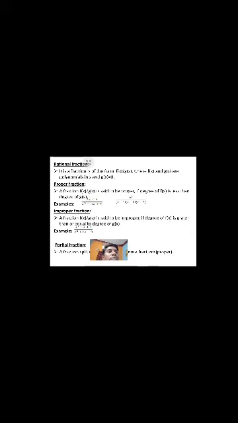For example, 2x plus 3 by x square minus 5x plus 6. Here the numerator's degree is 1 and the denominator's degree is 2. If it is reverse, then we say it is an improper fraction. Or if equal degrees are there, then also it is said to be an improper fraction.